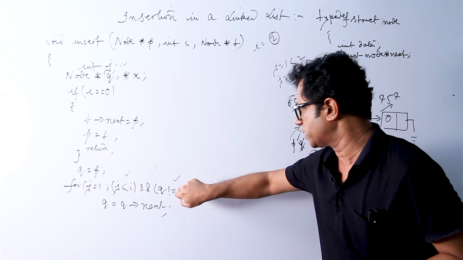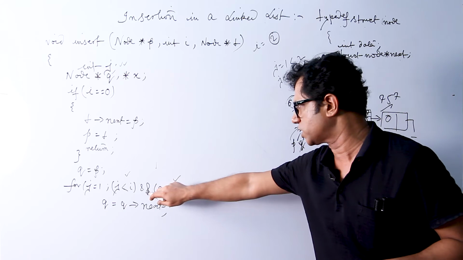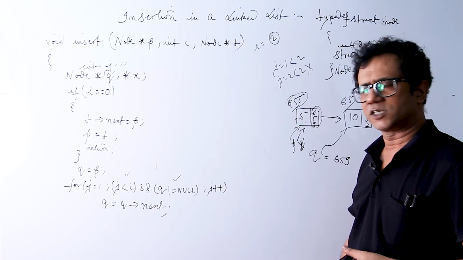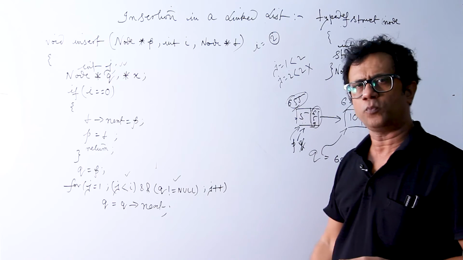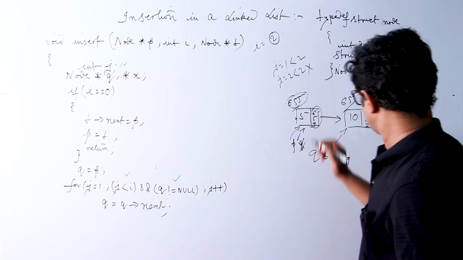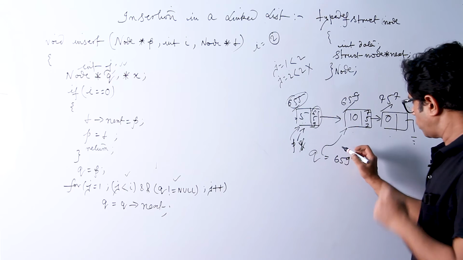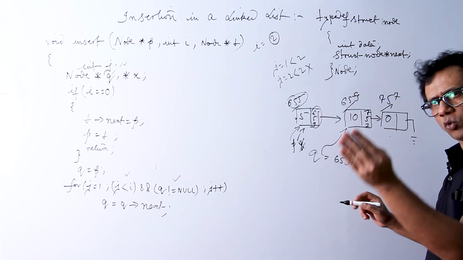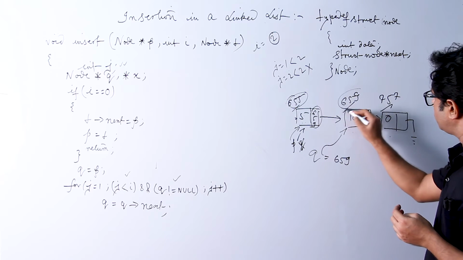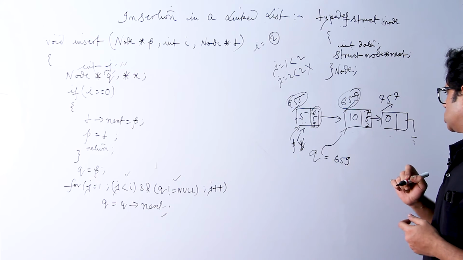So we need not check the other condition because it is a logical AND operation. So we will stop our iteration at this position after just going through the loop once. That is, the iteration will take place only once. So in this case, we have moved Q by only one position forward, and Q is now pointing to this 659 location.